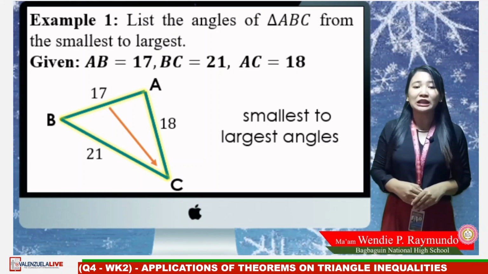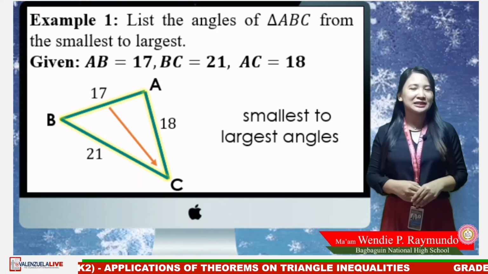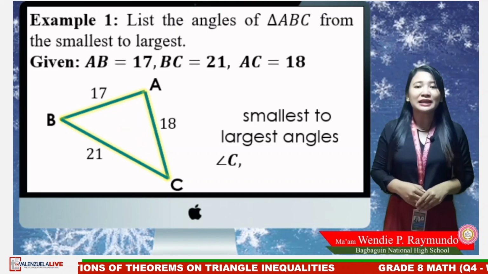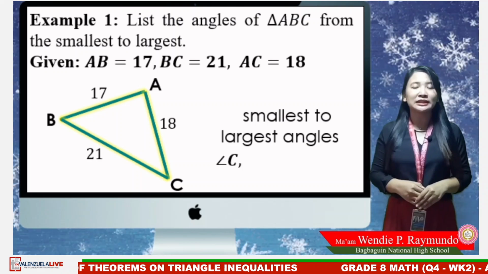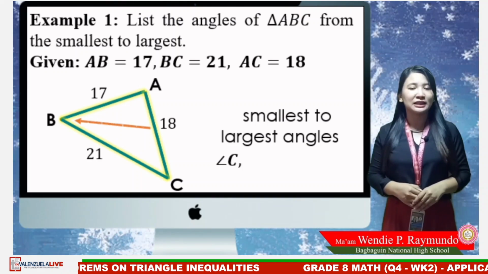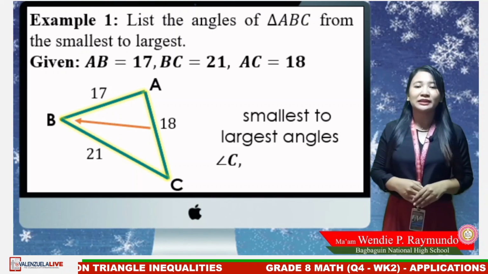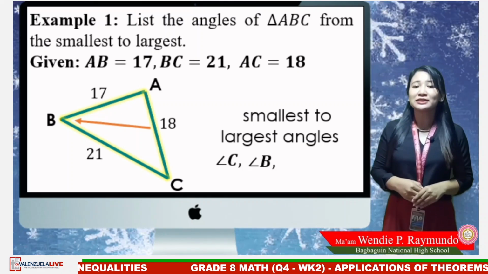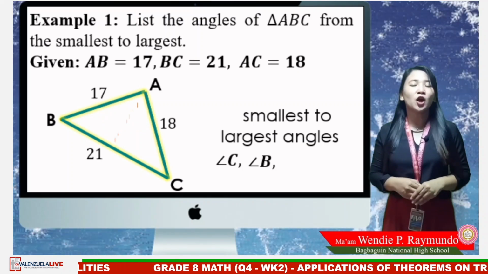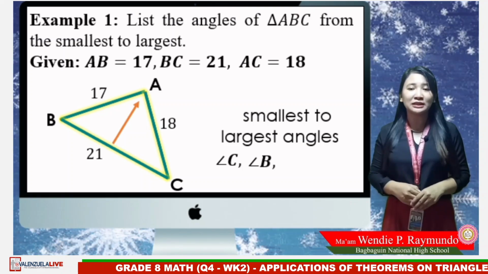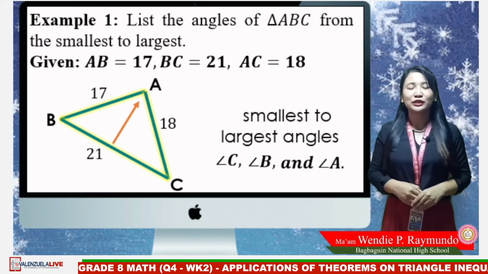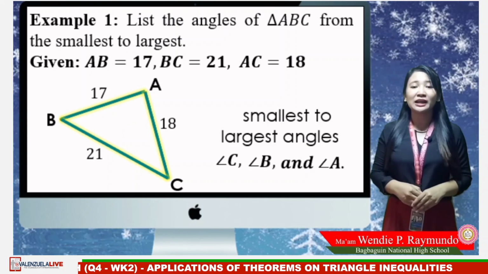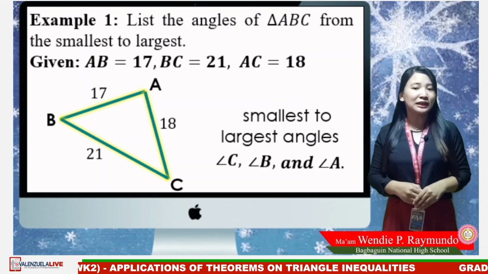The opposite angle of side AB is angle C. Then, the second side, which is larger than side AB, is side AC, and the opposite angle of side AC is angle B. The largest side is BC, and the opposite angle of side BC is angle A. Therefore, the smallest to largest angles are angle C, angle B, and angle A.